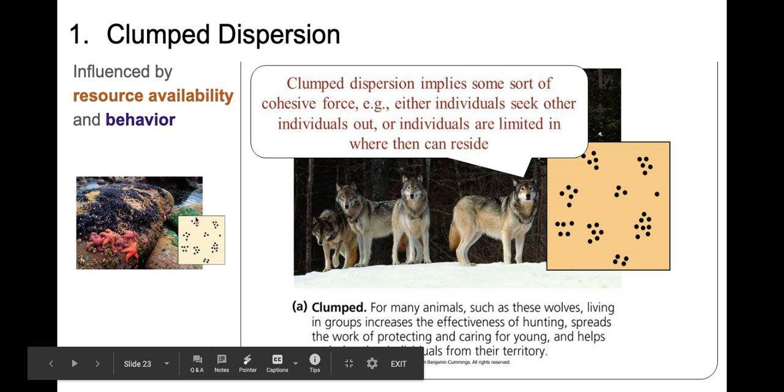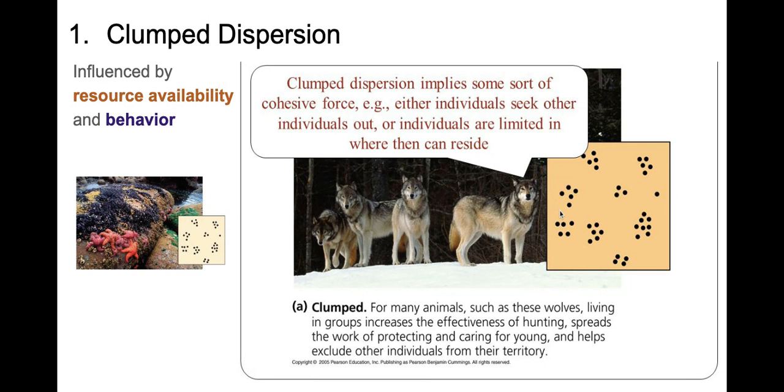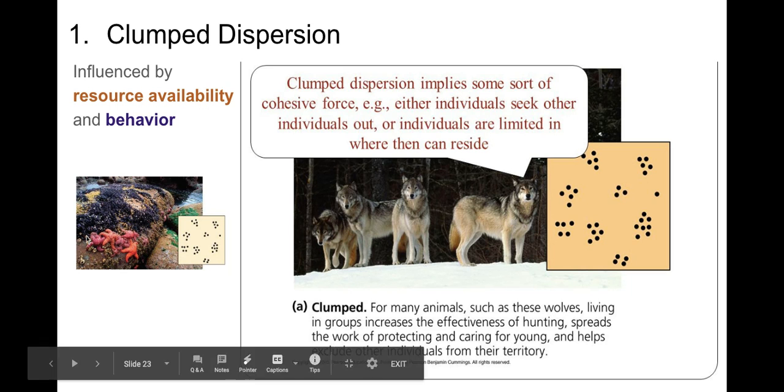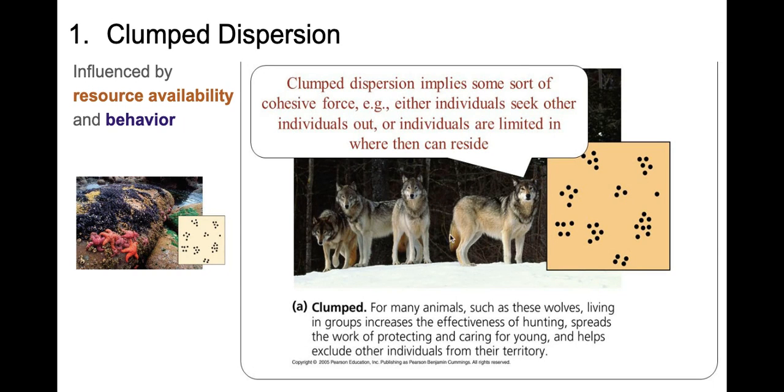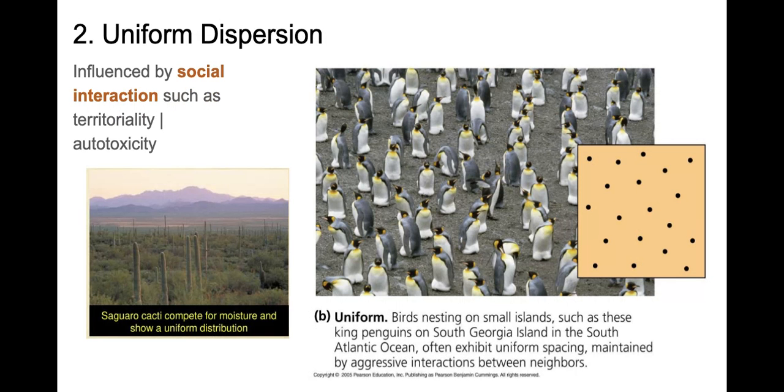We have 2 main examples here, and these are the diagrams that show what a clump dispersion looks like. Usually it's going to be a group of species in one area because of abiotic factors available, resources available, or because of the habitat that they need to survive, right? Or maybe because they need to be clumped to hunt.